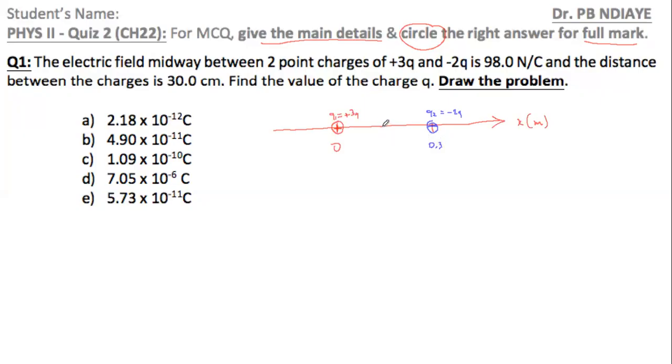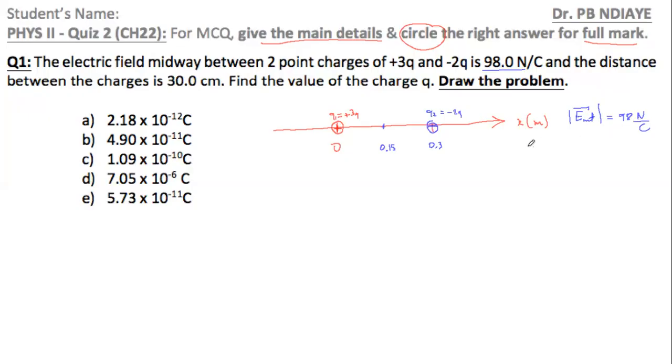Now, at midway between the two point charges, which is at 0.15 meters, I have a net electric field. So E net in magnitude is 98 Newton per Coulomb.